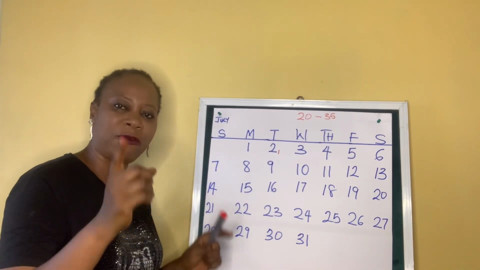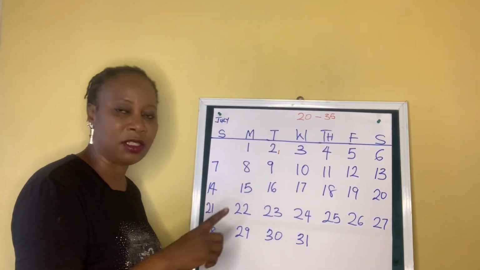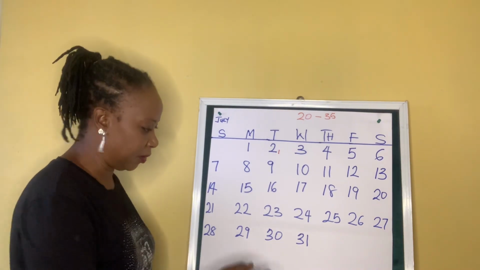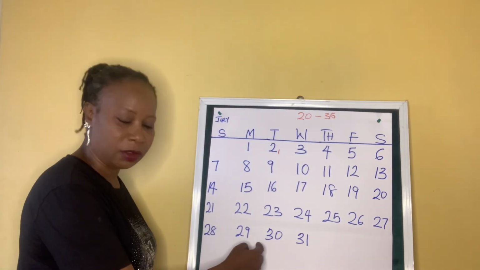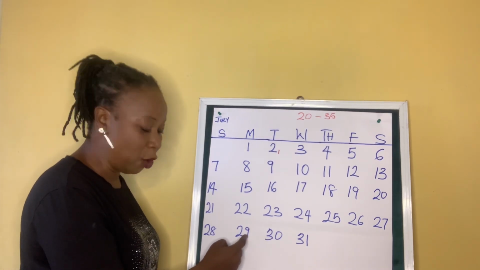Let's say my last period was on the 2nd, and I saw my new period on the 29th. My new period is 29.